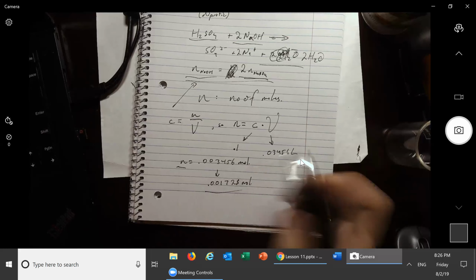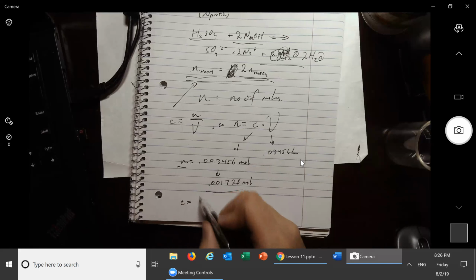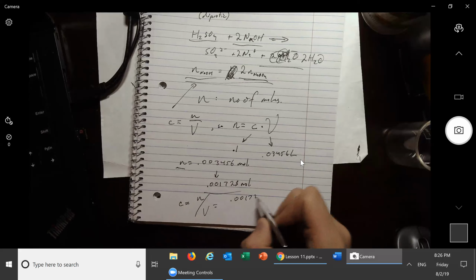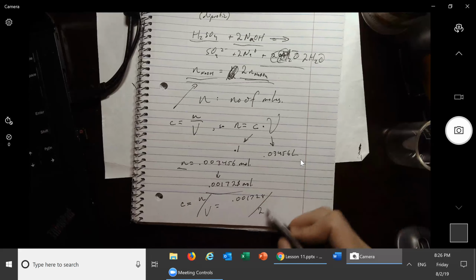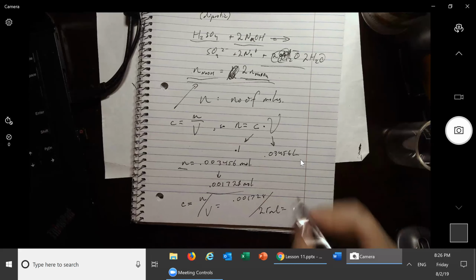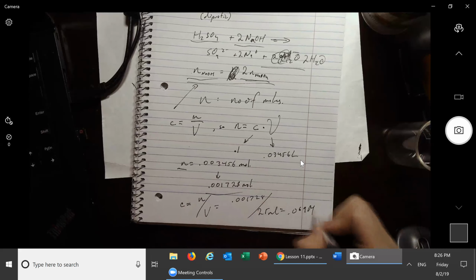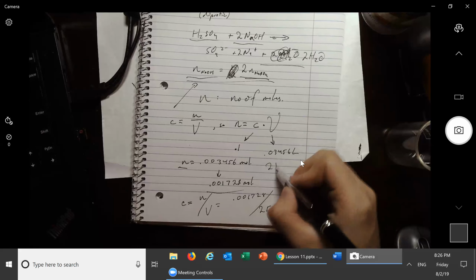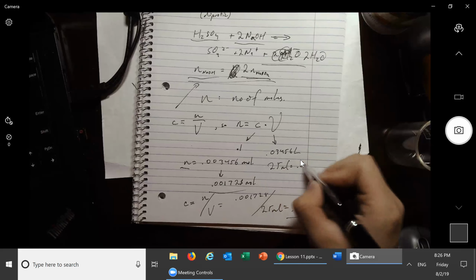And remember, we want the concentration, so we do N over V equals 0.001728 divided by 25 milliliters. And then that gives us 0.069 molar. Remember, we have to convert milliliters to liters. So 25 milliliters equals 0.025 liters.